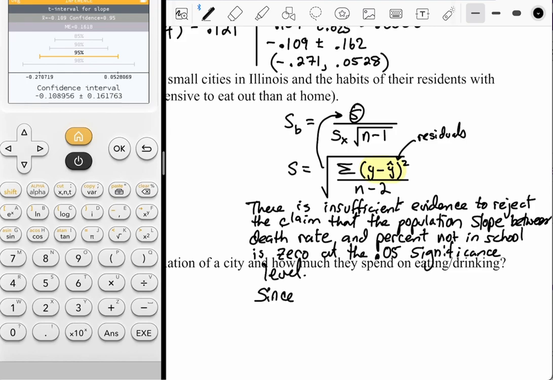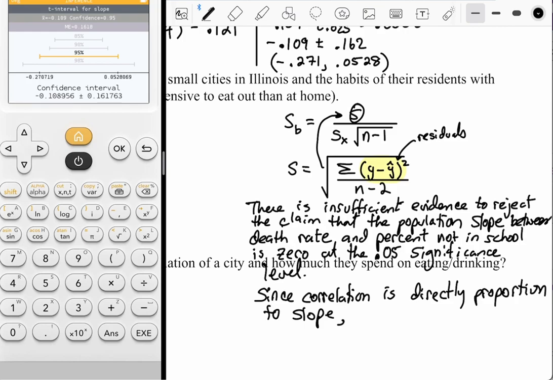Since correlation is directly proportional to slope, there is no significant correlation between the variables.